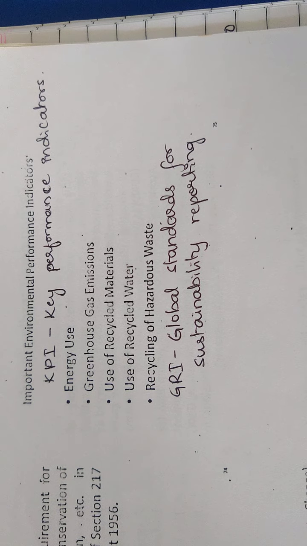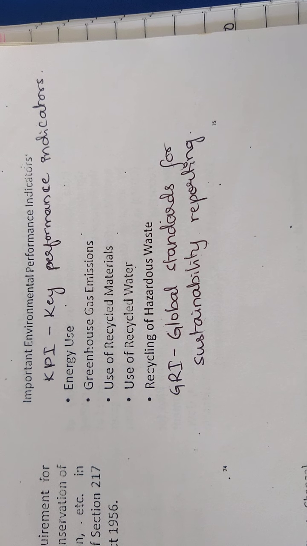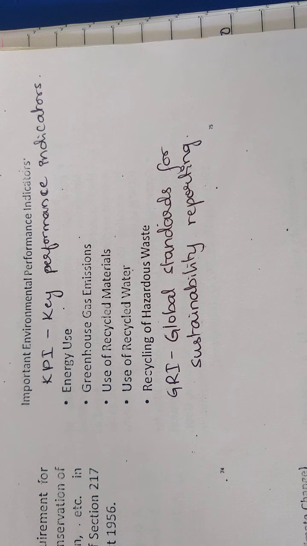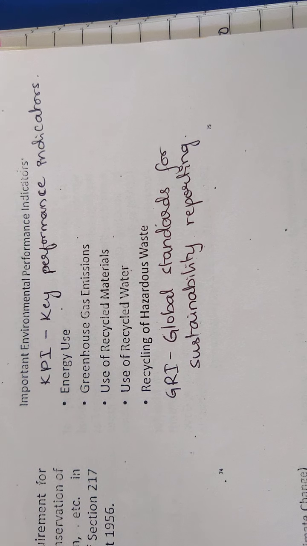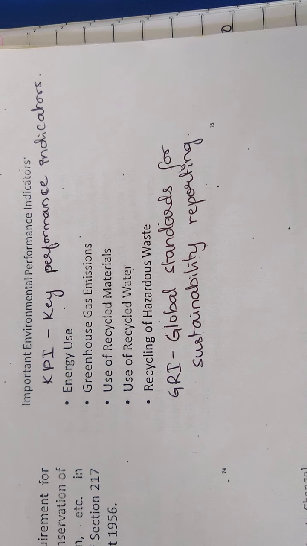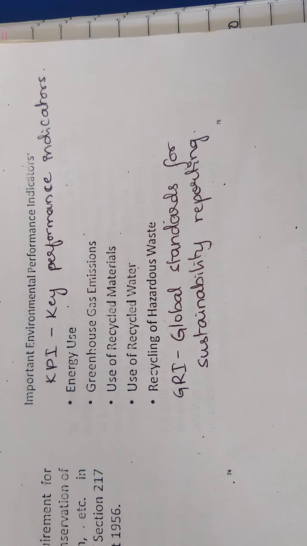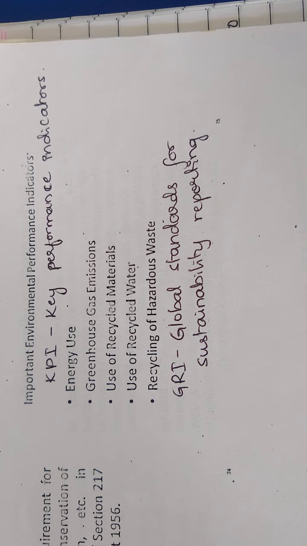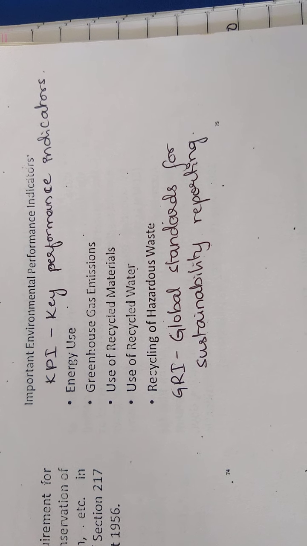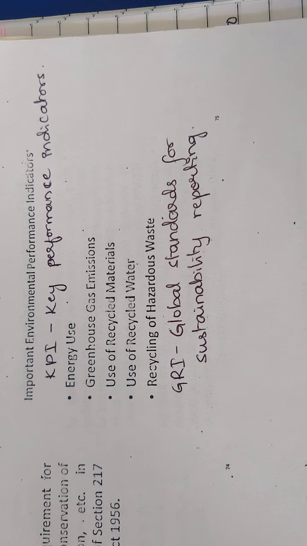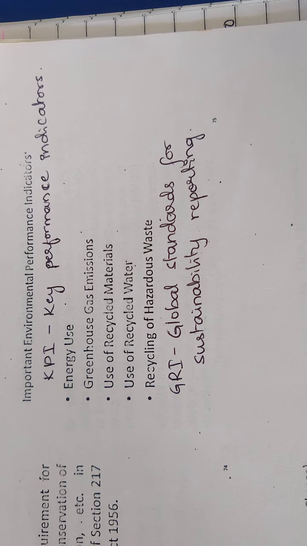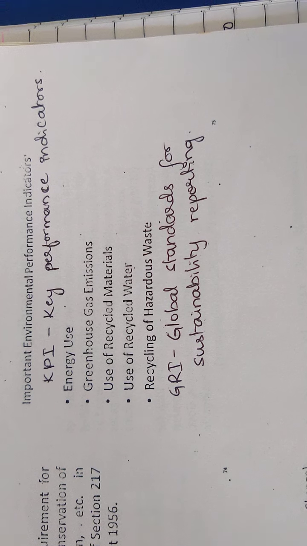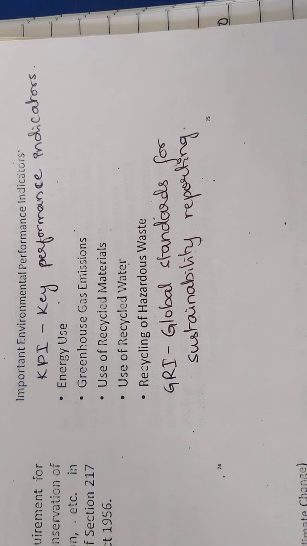The first one is energy use, second is greenhouse gas emission, third is use of recycled material, fourth is use of recycled water, and the last one is recycling of hazardous waste. One by one, let us see what these are and the formulas for the KPIs under the given GRI guidelines.